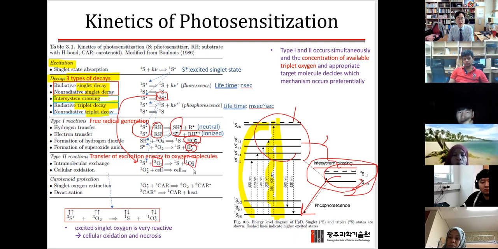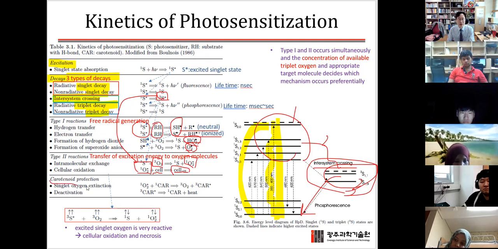This singlet excited oxygen can interact with the cell and cause oxidation of the cell, which is going to damage the cell structure, mostly DNA.